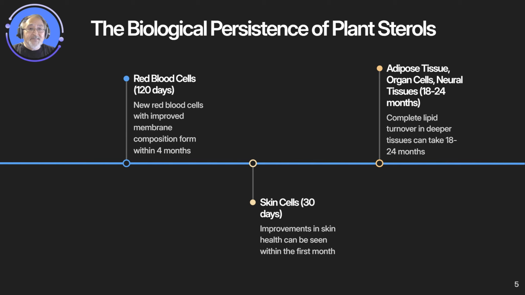This demonstrates the potentially harmful effects of excessive plant sterol accumulation, challenging the common belief that plant sterols universally benefit cardiovascular health. This finding challenges the common belief that plant sterols help, because their accumulation may actually contribute to the problems they claim to prevent.